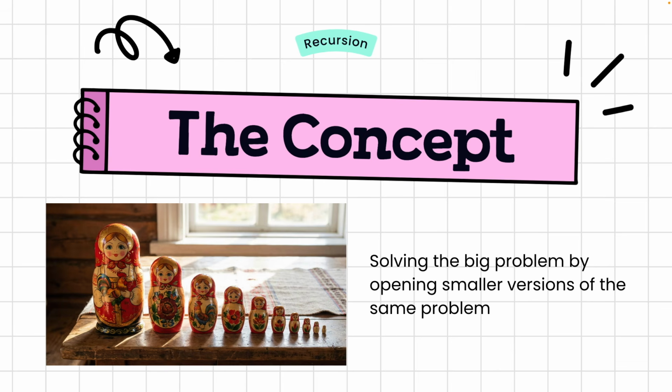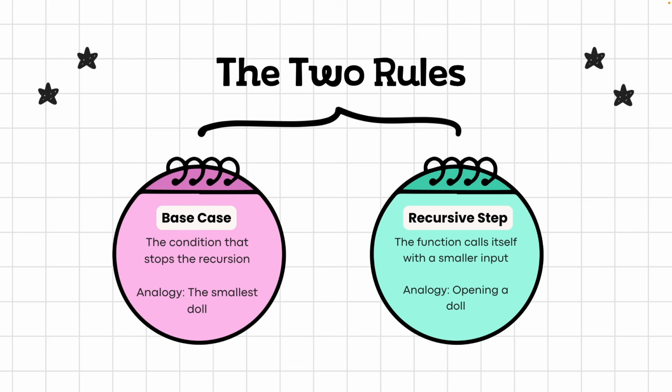This structure gives us the two golden rules of recursion. So every recursive function needs two parts. First, the base case. This is the stop sign. Without it, you get an infinite loop. And in our previous example, it represented the smallest doll. We stop when we reach the smallest doll.